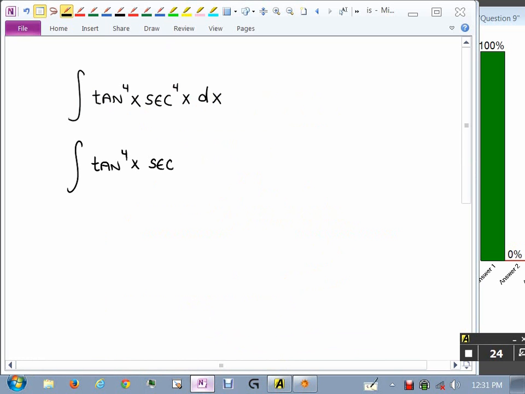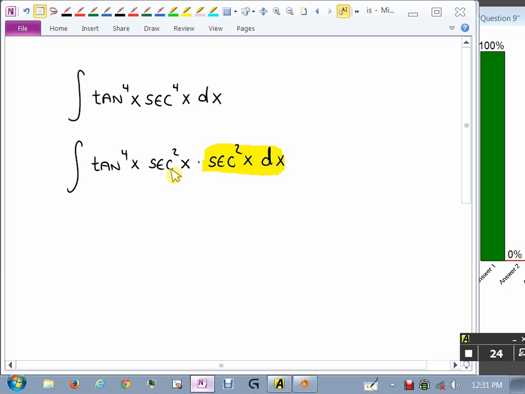So how about writing secant squared x times secant squared x dx? I'm going to highlight something here. The reason you do this is because you know that the highlighted part is the derivative of tangent, right?